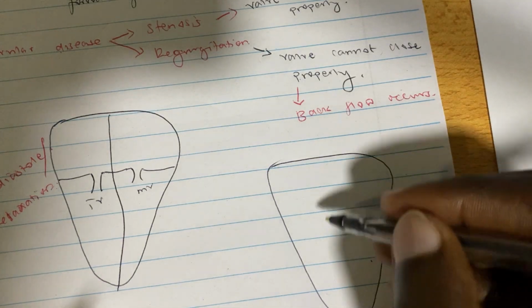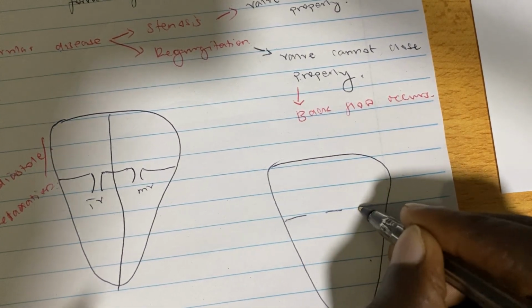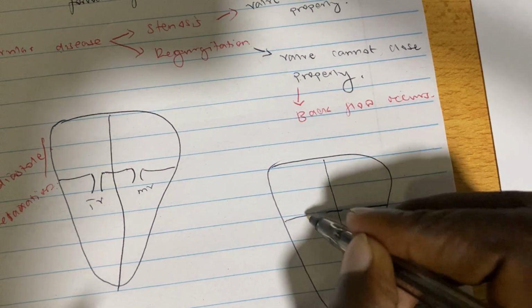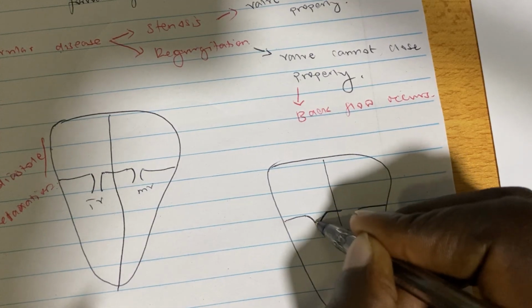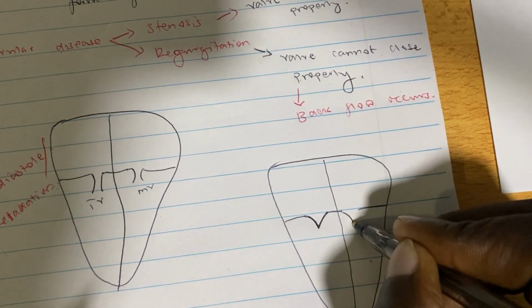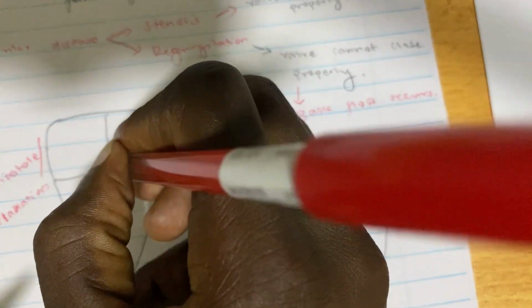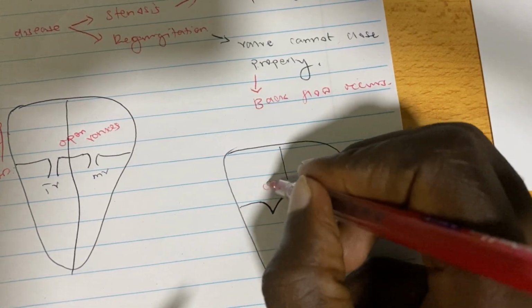Now in contraction, again we are drawing a simple heart. These are open valves, these are closed valves.